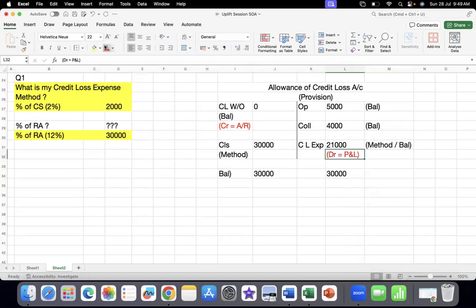That's the entry you're going to pass. So the question would be, when you record a credit loss expense, does it affect your balance sheet? The answer is no. It only affects your profit and loss account, because the entry is debited to profit and loss account and credited to your allowance for credit loss.